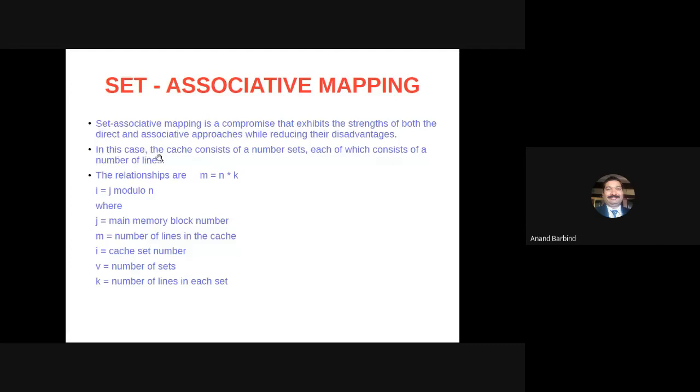In this case, the cache is divided into a number of sets, each of which consists of a number of lines. So there are a number of lines in a given set.